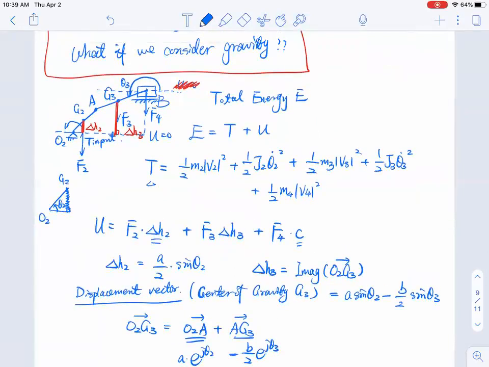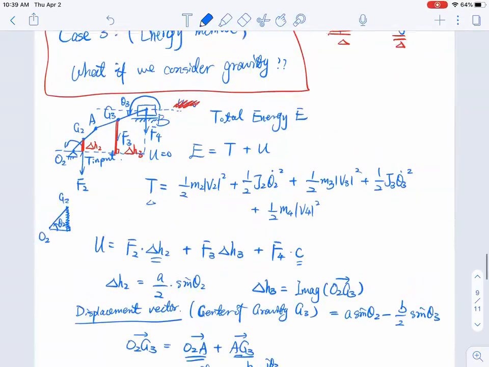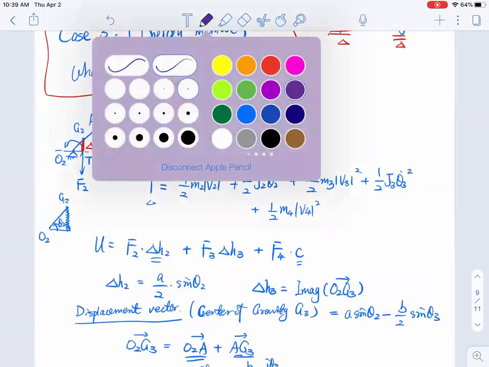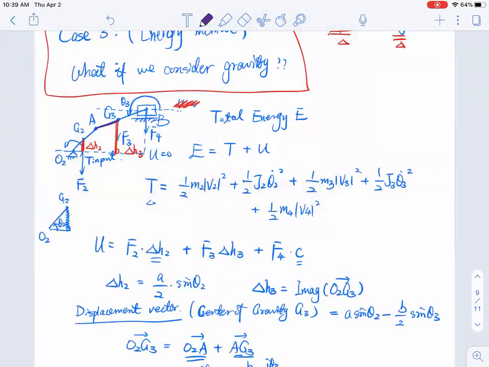That's because your AG3, let's label this AG3 vector out. I'm gonna use a purple color. So your AG3 is this vector, right? But then our theta 3 is defined around point B. So your BA vector, by definition, is B e^(j theta 3), right?